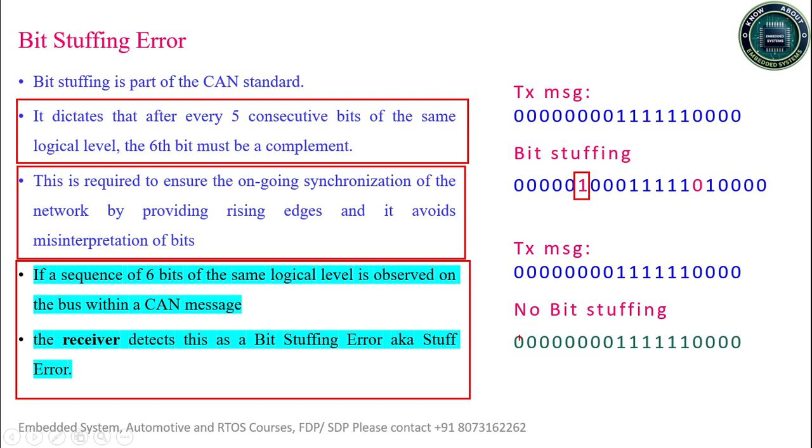You should allow only up to 5 bits of the same polarity, and as soon as 5 bits are completed, the next bit should be of the opposite polarity. That is called bit stuffing. So if a sequence of 6 bits of the same logical level is observed on the CAN bus, then that is called a bit stuffing error. In that situation, the receiver is going to detect a bit stuffing error.